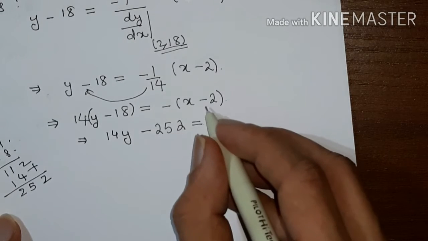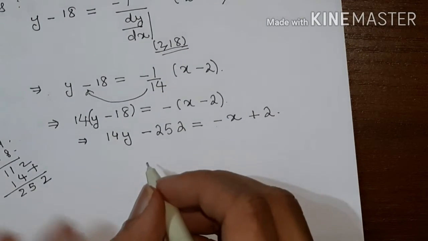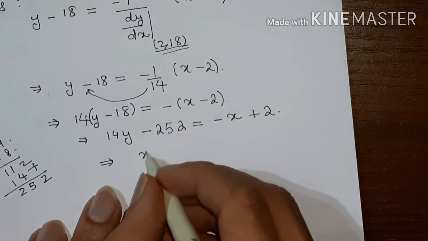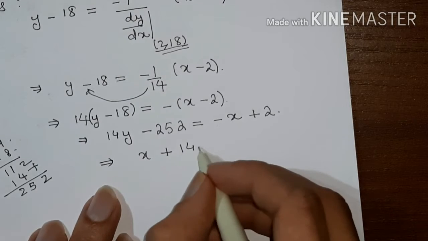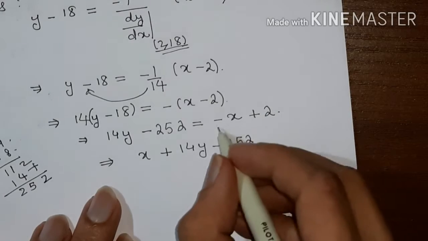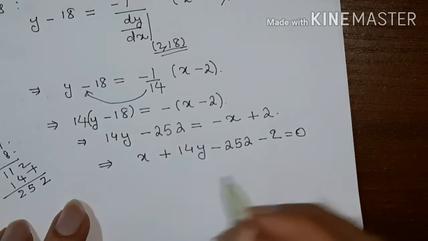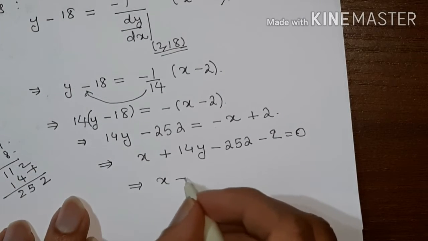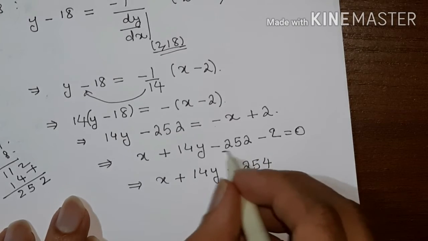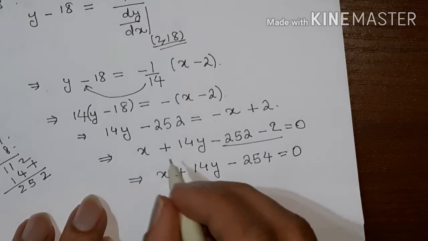Equal to minus (x − 2), so I have to multiply this minus sign inside the bracket. So −x + 2. If I take −x on this side, I'll get x + 14y − 252, and this +2, if I take on this side, I'll get −2 = 0. So I'll get x + 14y − 254 = 0, right? −252 − 2 is −254.